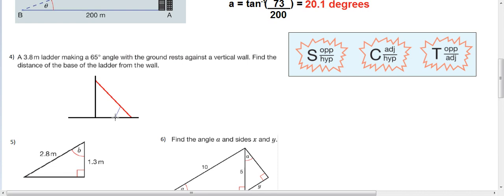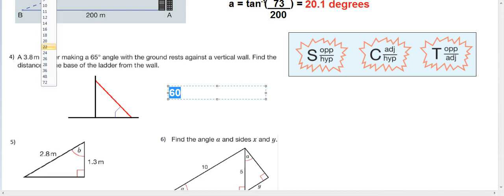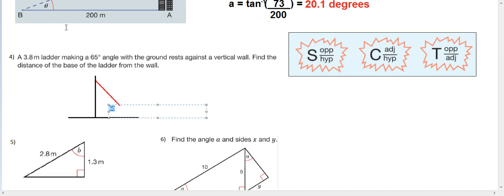Let's type the values: 60 degrees. Let me reduce the size of my font here. Put inside here 60 degrees. Also, I have the ladder length. The ladder length is 3.8 meters, in red.